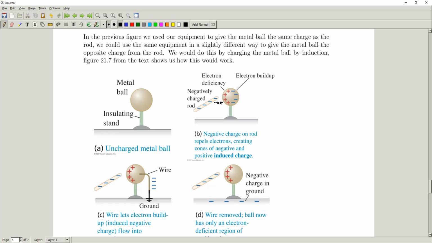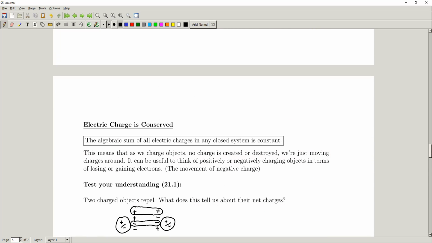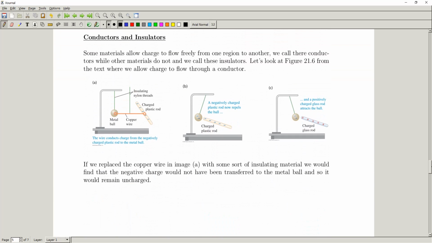There will still be some repulsive force from the rod and the negative charges on this side, but they're farther apart, and we're going to find that these electric forces are dependent on the distance over which they're acting, right? And so because we have the positive charges closer, we're going to end up with a net attractive force in this case.